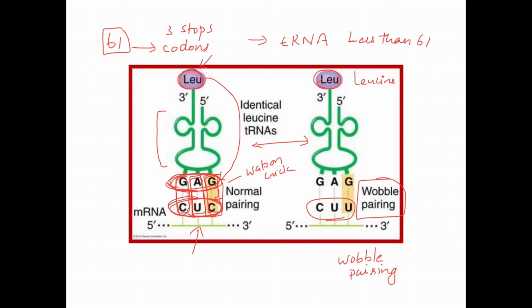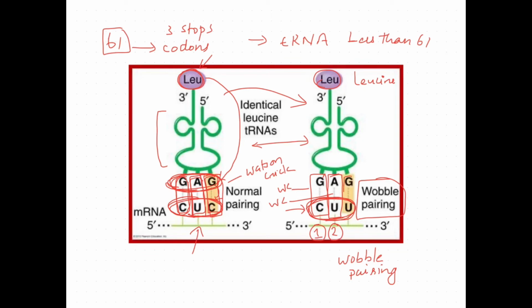But if this codon comes to the site of protein synthesis, the same tRNA can recognize that also. How? G to C at the first nucleotide of the codon from the 5' end. Second, A to U, strict Watson and Crick rule.